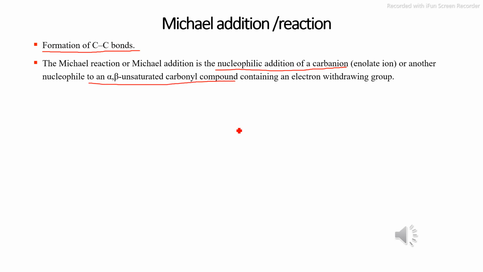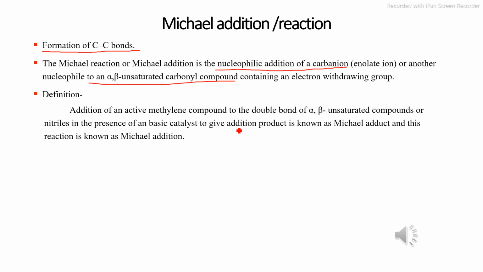Michael addition reaction may be defined as the addition of an active methylene compound to the double bond of alpha-beta unsaturated compounds or nitriles in the presence of a basic catalyst to give an addition product known as Michael adduct.